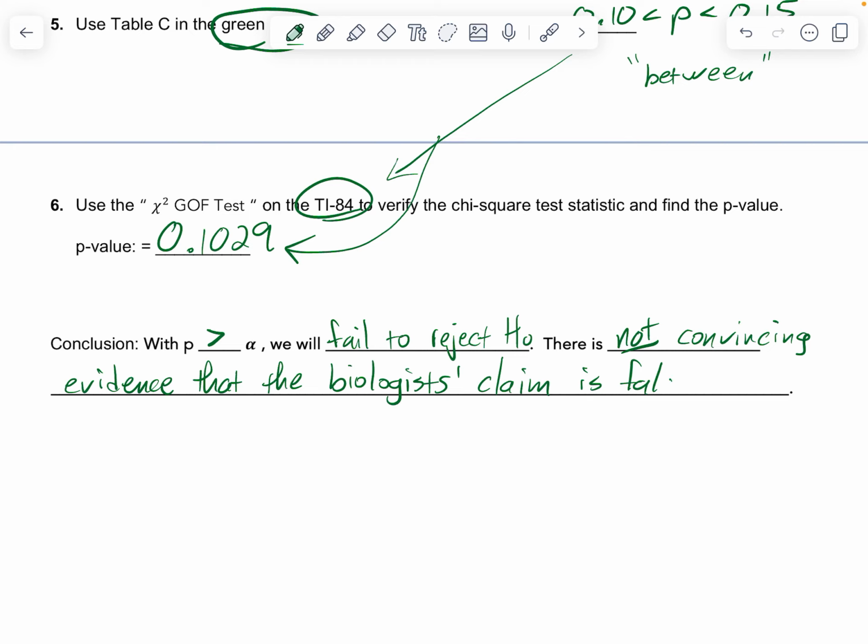That's one way to say it. You could also say, not enough evidence that the proportions are not what they claim. But essentially, when you fail to reject, you say not convincing evidence.